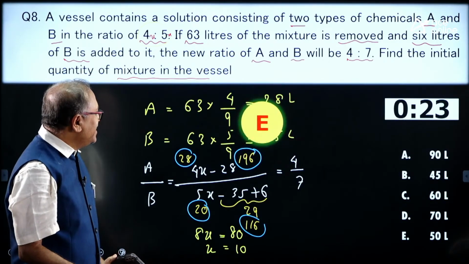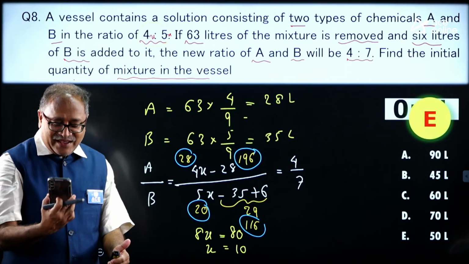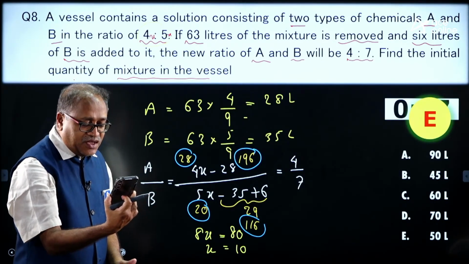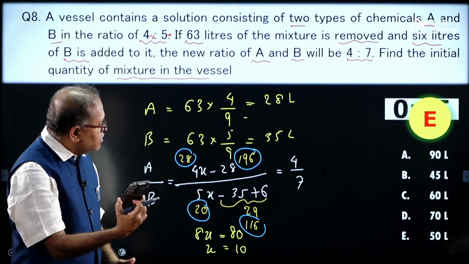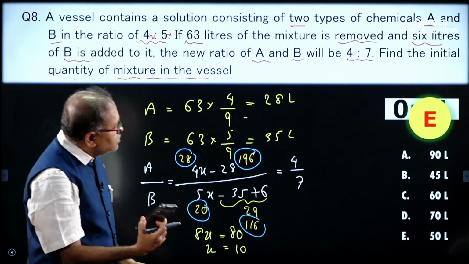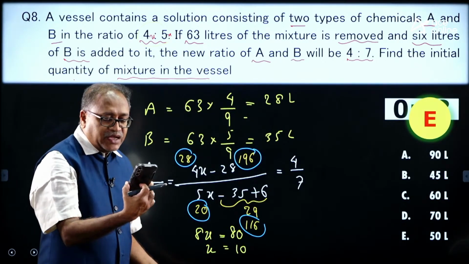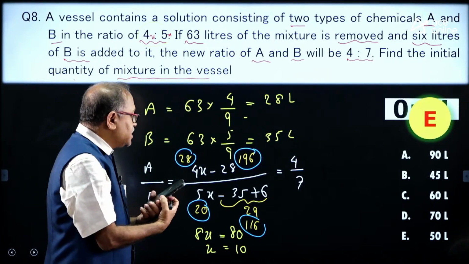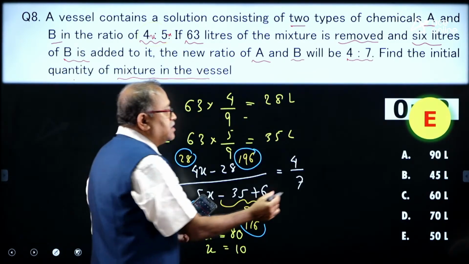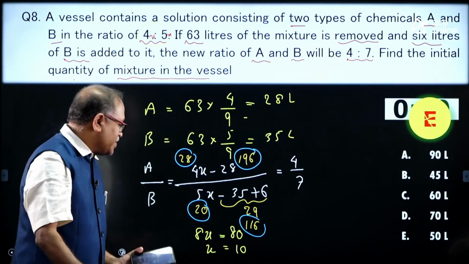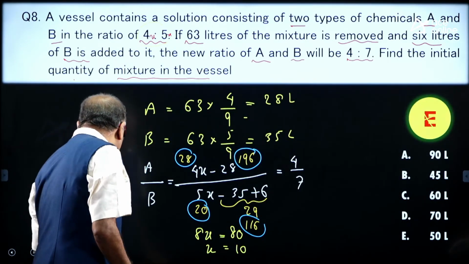Okay, let me see that. Yes, option E. And who is right here? That is 50. No, it should be 90. It is a mistake from my side. The answer is 90. I am extremely sorry for putting the wrong answer. So, then x is equal to 10.